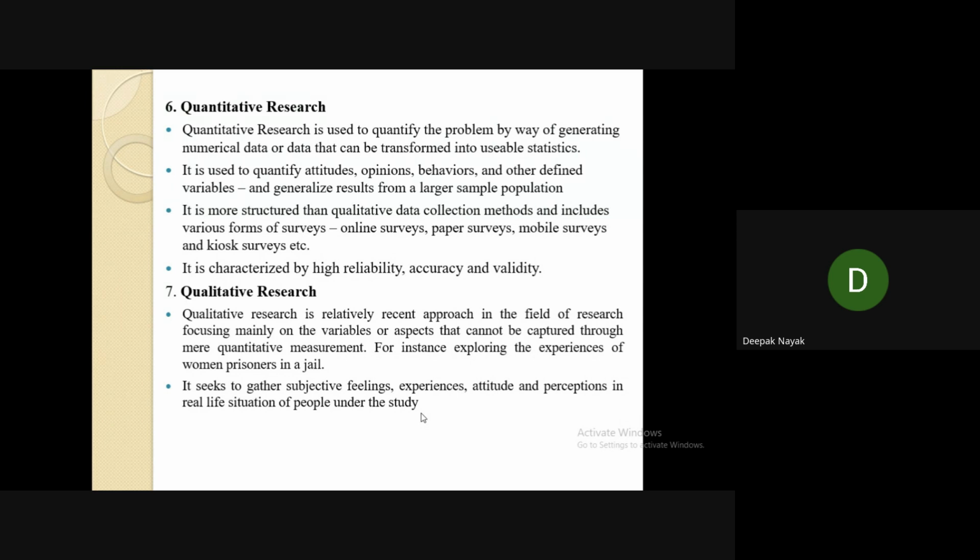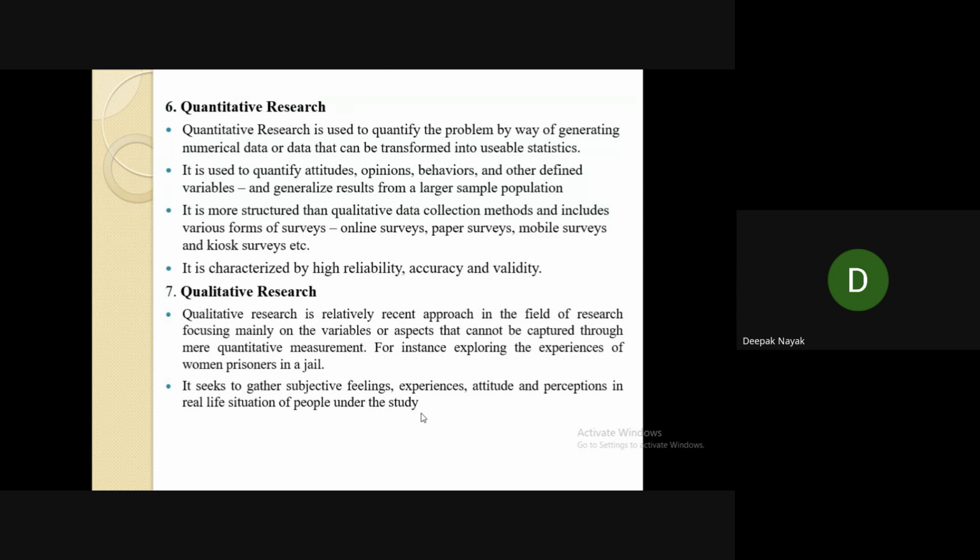Quantitative research is basically used when we are trying to understand the magnitude of a research problem, the rate or scale.